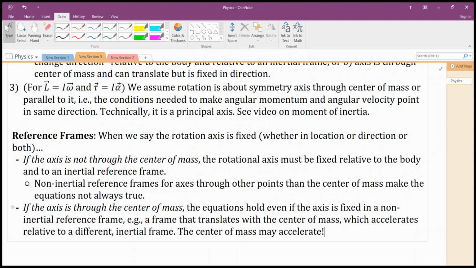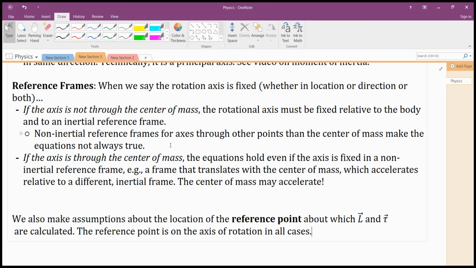So long as the axis is still fixed in direction, then the equations hold true. Of course, if you are in this reference frame, then the axis will be fixed in location in this reference frame. It will not be translating. But it's very key that the axis still does not change direction in any reference frame. That must not be the cause of the non-inertial reference frame. What this means, though, is that the center of mass may be accelerating, and the equations will still hold true, so long as the axis is through the center of mass.